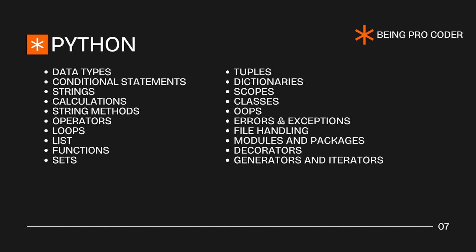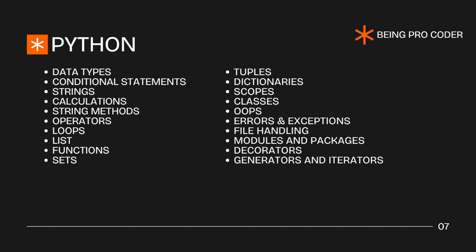Now we are in the programming part, starting with Python, and the topics that we need to prepare in Python are data types, like categories of data types such as int, float, character and double. These will not all be included in Python, so it is better to learn them if you are a beginner programmer.